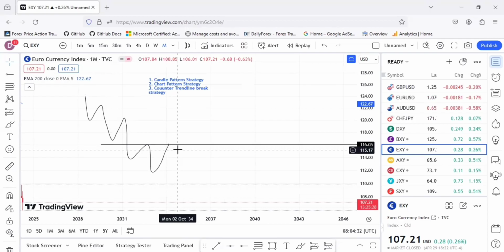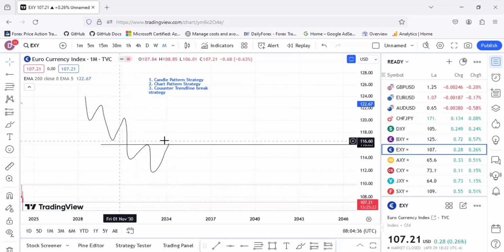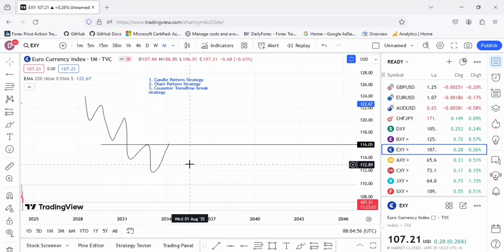If you want to use a candle pattern strategy, you wait at your location. This is my location now. In a downtrend, you look for a resistance. You sell at a resistance. That is, you sell high, you buy low. That is just the principle behind financial market trading, whether you trade forex, stocks, commodities, and so on and so forth.